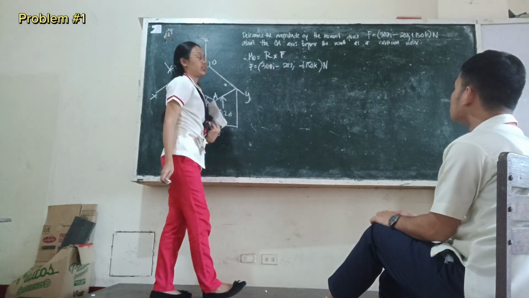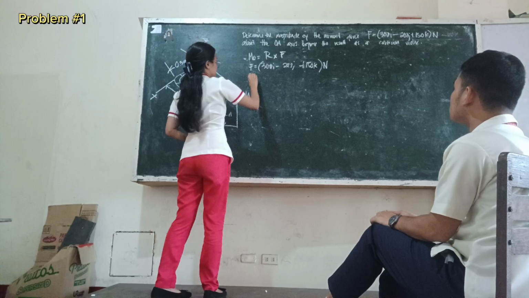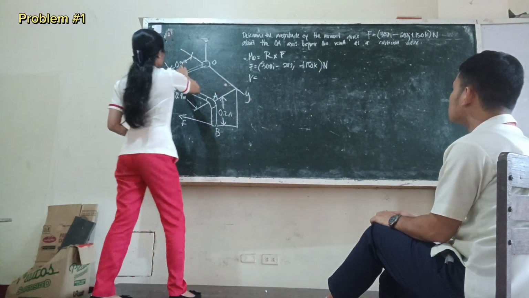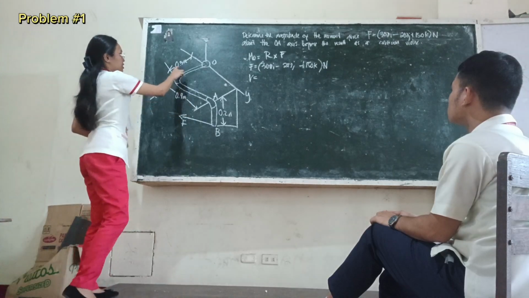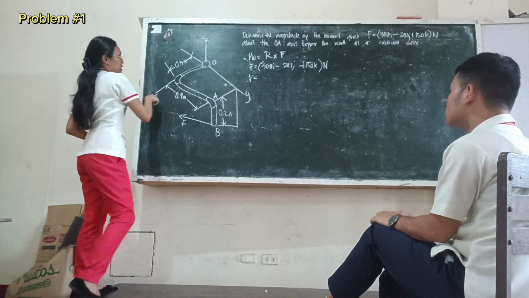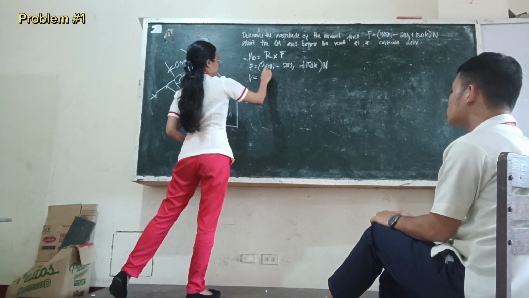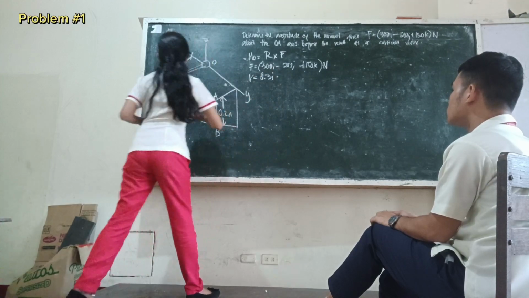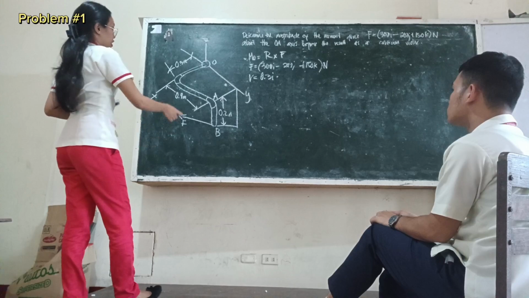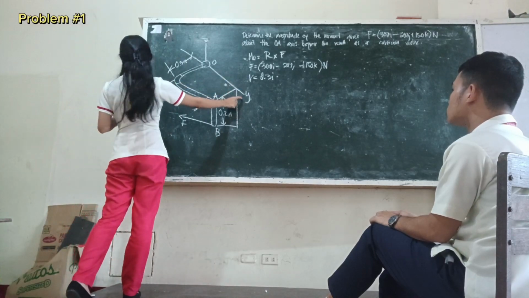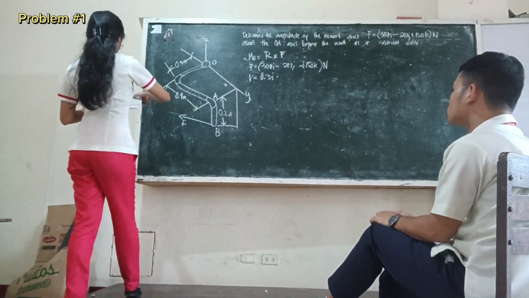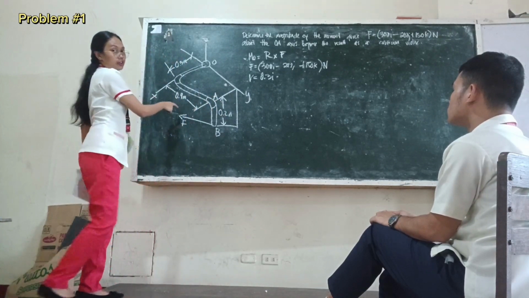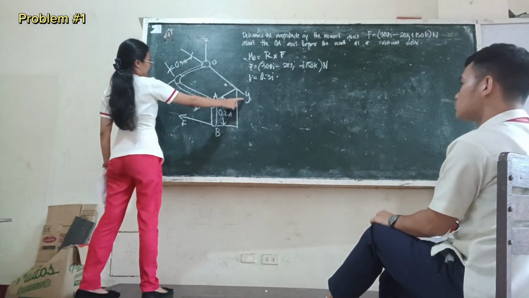So, we need to find r. So, r is equal to 0.3 m, since 0.3 is located at the x-axis. So 0.3i, minus, as we go further in the y-axis, we have 0.4, since 0.4 is located at the y-axis.